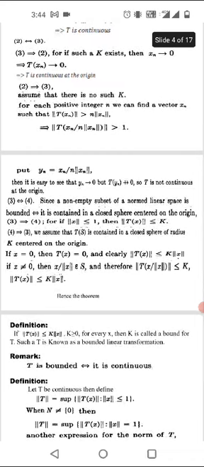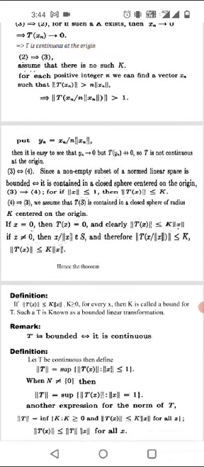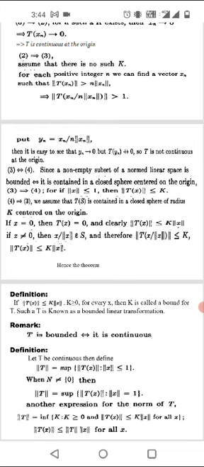Next case, 3 implies 4. A non-empty subset of a normed linear space is bounded if and only if it is contained in a closed sphere. And 3 implies 4: if norm of x is less than or equal to 1, then norm of T of x is less than or equal to k.